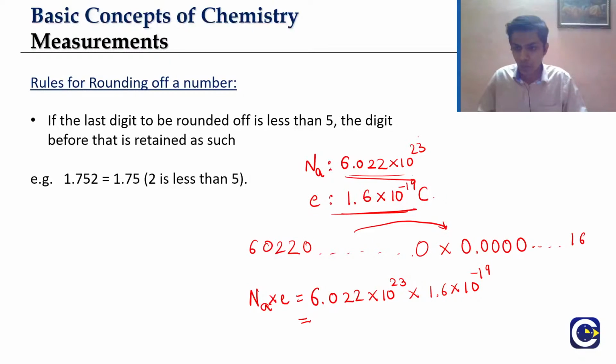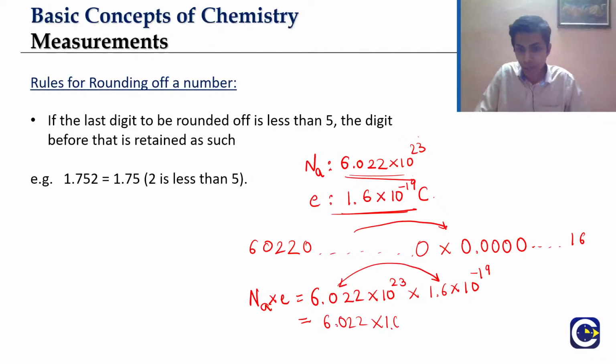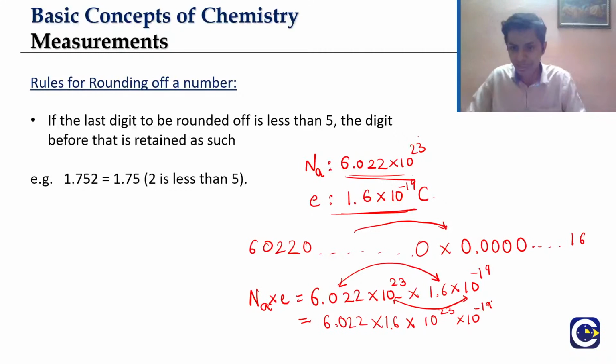If you want to perform the calculation, how will that be? Yes, these two I can multiply directly, 6.022 into 1.6, which is approximately 10. Now how to multiply 10 power 23 into 10 power minus 19?